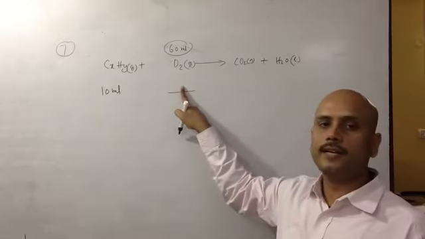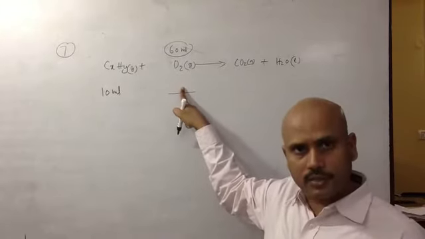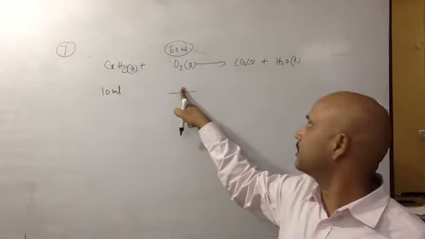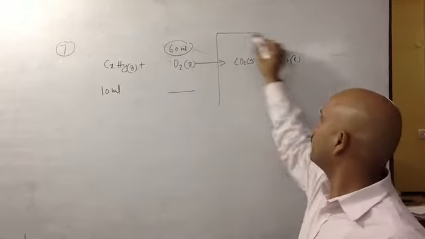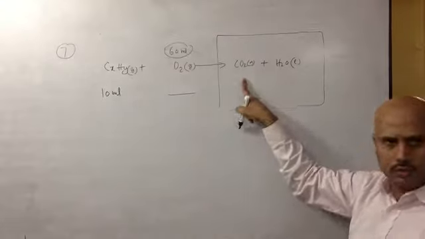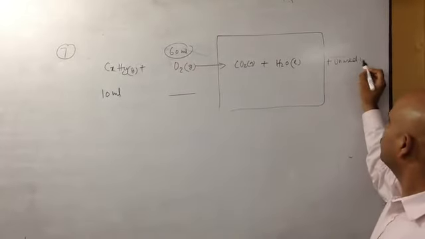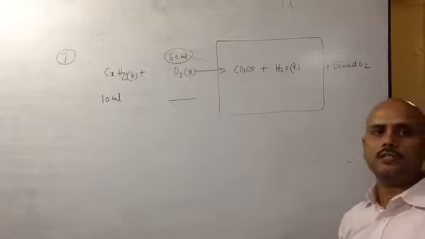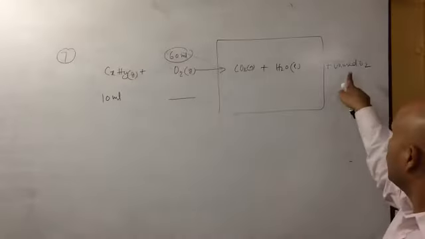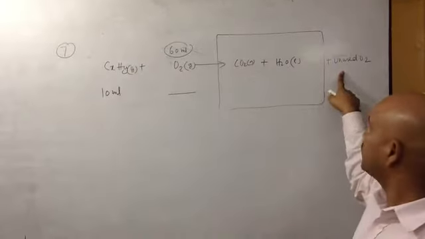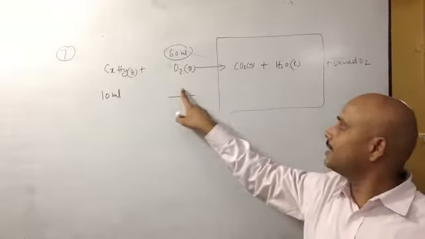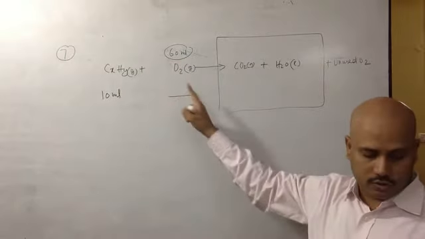Means that we are going to write the volume of oxygen which participates in the reaction. Let us say these are products. Products will contain CO2, H2O plus unused oxygen. Let us find out the value of unused oxygen. We'll subtract unused oxygen from 60 and then we'll find the value of used oxygen.